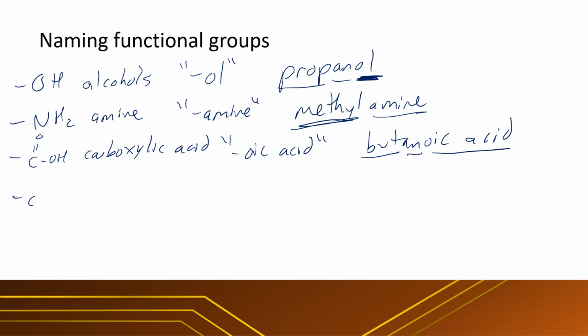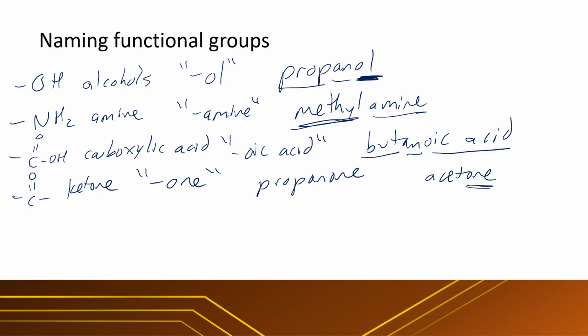Ketones have that C double bond O in the center. It's a ketone. Ketones end in the suffix -one. So a good example would be propanone. That is the official name for acetone. Acetone is a common name for it, but it still ends in -one. But propanone, 3 carbons, single bonds, ketone. 2 more.